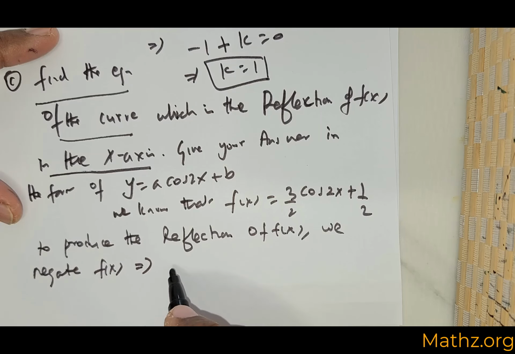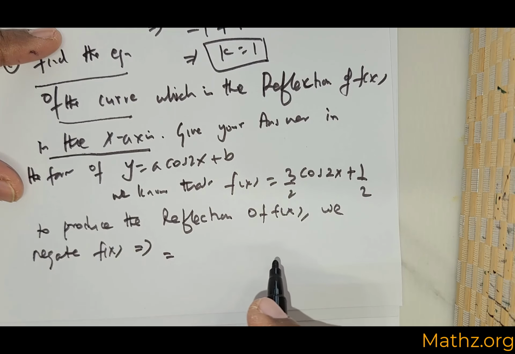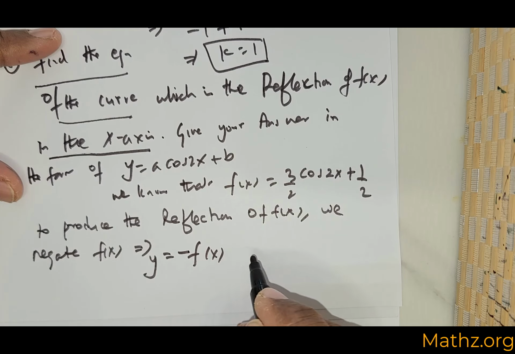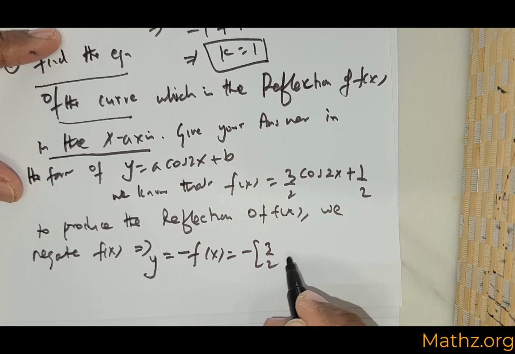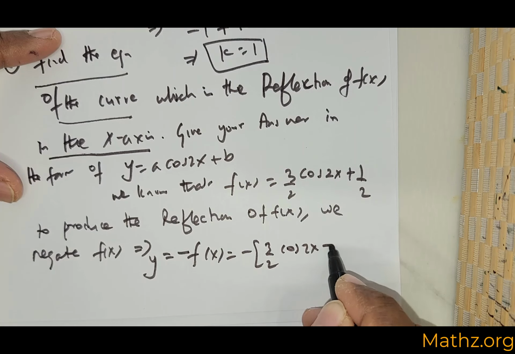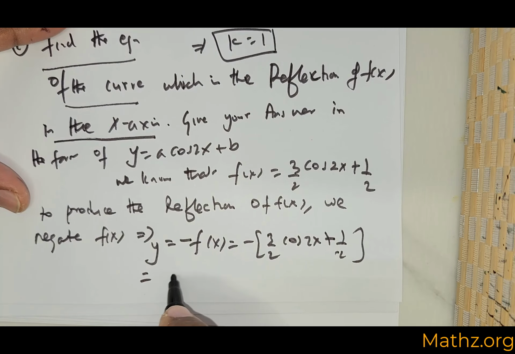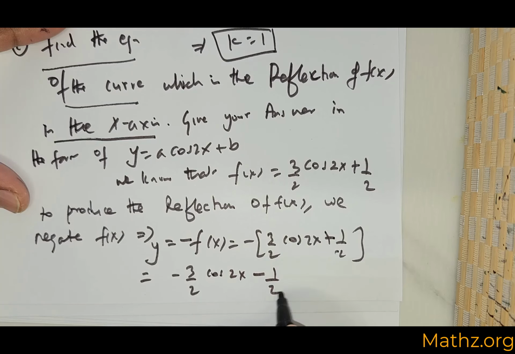So this in turn would mean we will have y equal to negative f(x), which is equal to negative of 3/2 cos 2x plus 1/2, which is equal to negative 3/2 cos 2x minus 1/2.